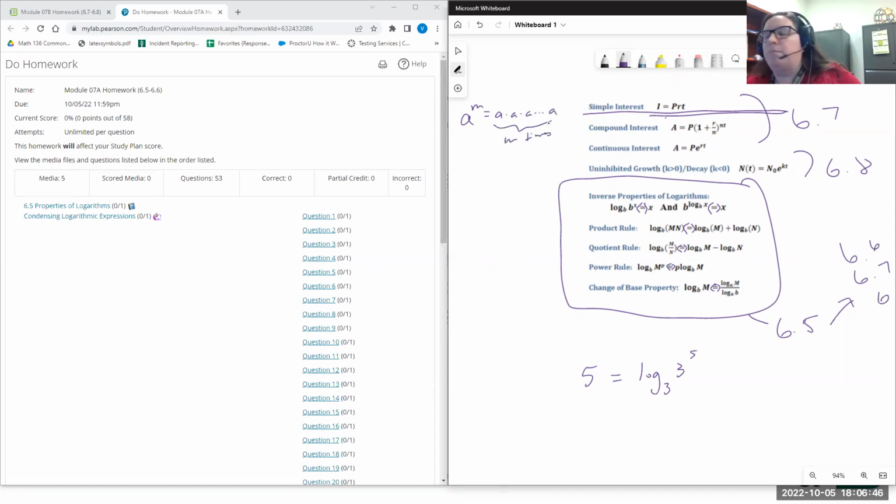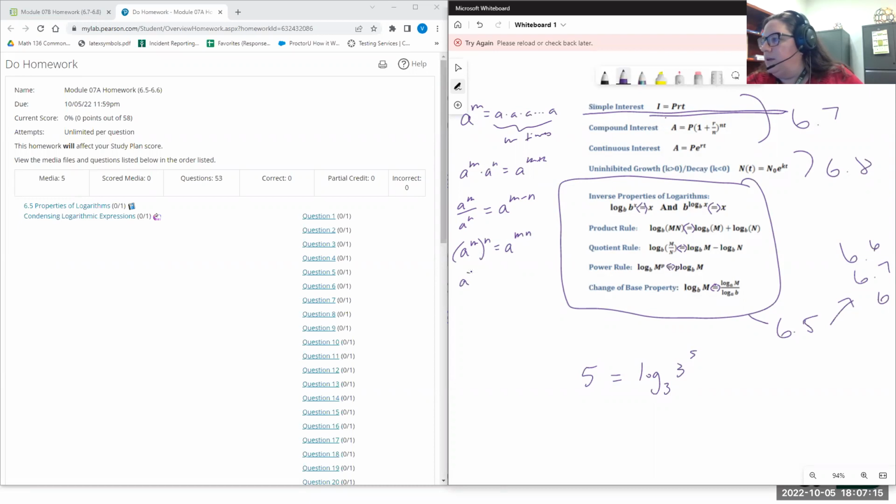Based on that, and on how multiplication works, all the laws of exponents are predetermined. So a to the m times a to the n is a to the m plus n. A to the m divided by a to the n is a to the m minus n. A to the m to the n power would be a to the m times n.